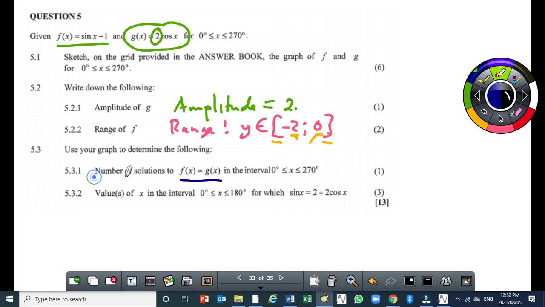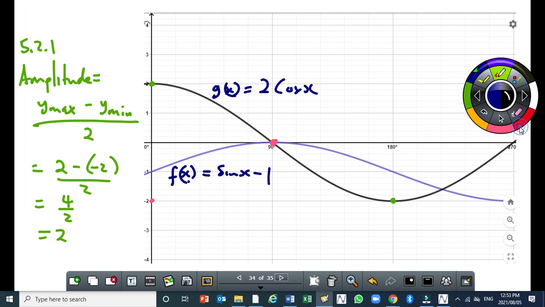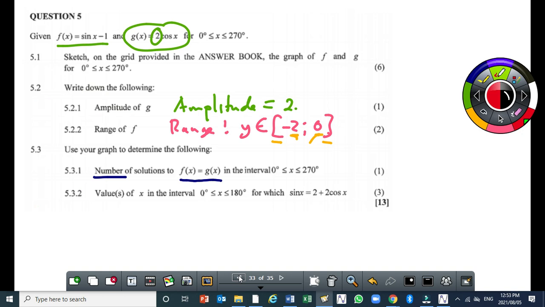By number of solutions, it is asking where the y values of the sine graph and the cos graph are equal. Those points are the points of intersection. So it will be this point and that point. So the answer here is 2. There are two solutions because there are 2 points where the two graphs intersect. All right. Any questions there?